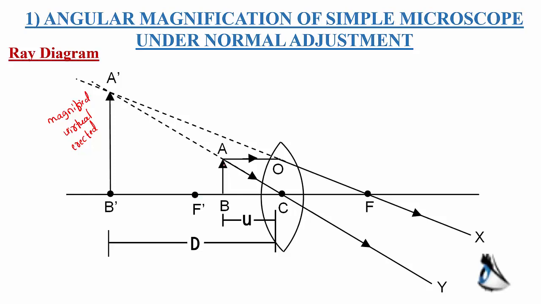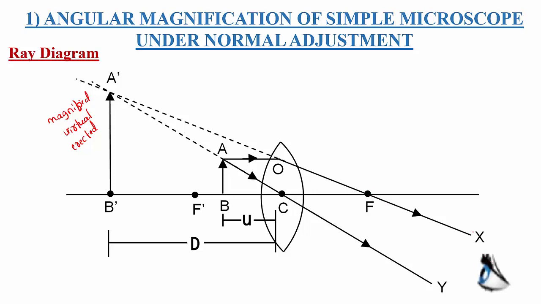Now, from this object AB, two light rays are emitted. The first ray passes through the optic center, so it is undeviated. Then the second ray, when it falls on the lens, undergoes two refractions and finally passes through the principal focus.